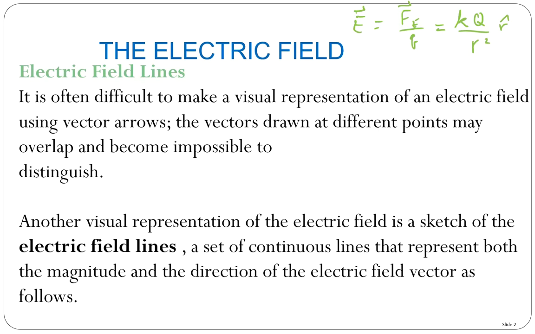So we have a new construct that we call electric field lines that simply are lines that show the directions of the electric field. If I have a single point charge, let's say I have a positive charge right here, what direction should electric field lines point? Out. And so they're going to point like this, out.